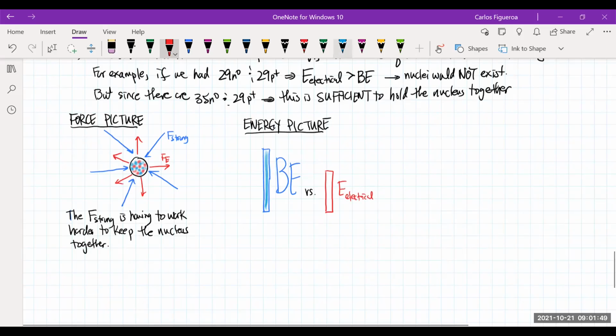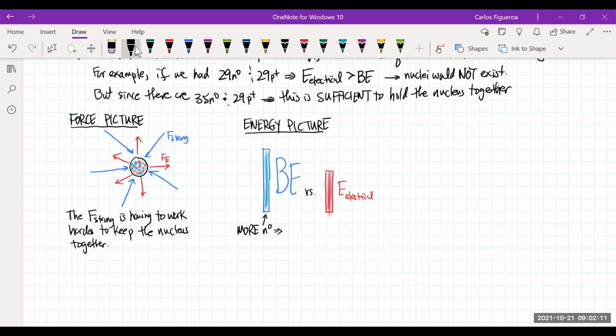Now, why is this growing here? Well, what we're seeing right here is that we have more neutrons.